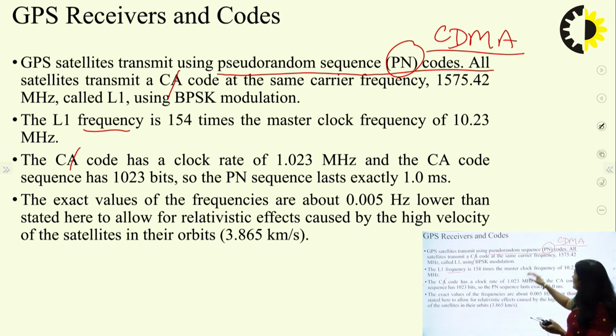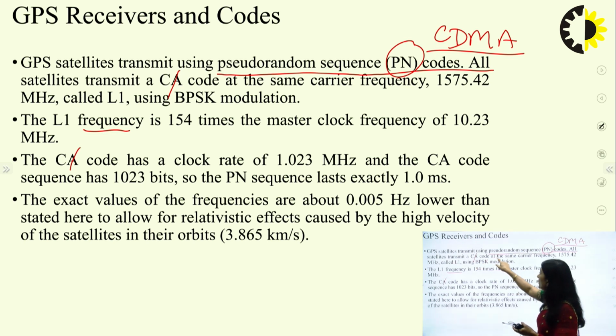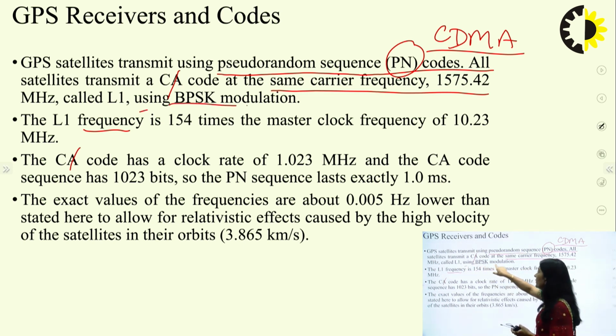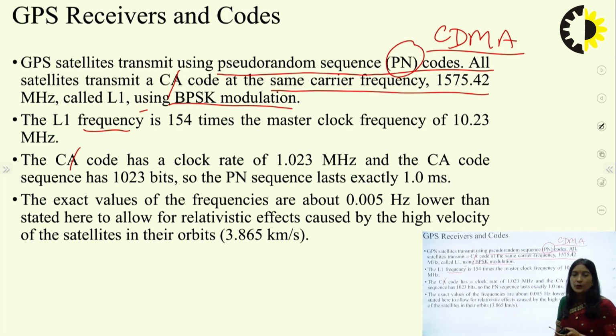Okay, and all satellites transmit a C/A code at the same carrier frequency, which is 1575.42 megahertz, called L1, and we are using BPSK modulation here. So first your signal will be multiplied with the 1575.42 carrier frequency, and then it is converted into a CDMA code, and then we do the BPSK modulation.